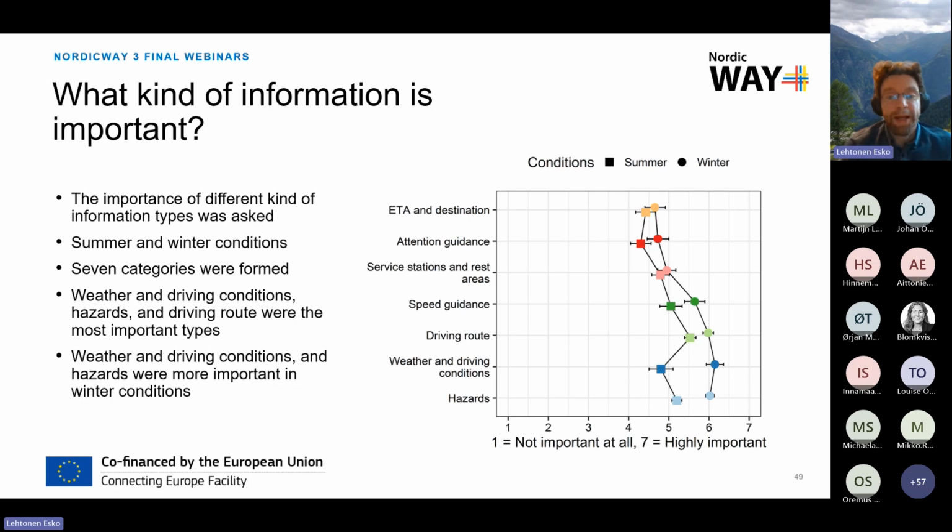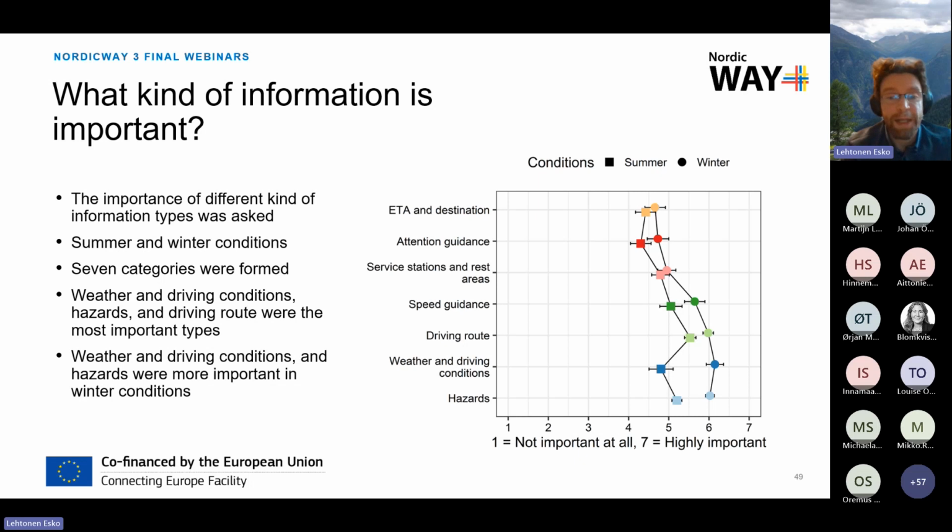Then it was speed guidance, for example, information about the current speed limit, driving route, that refers not only to the route guidance in the sense of navigation, but also information about the weight limits or maximum height of the truck. Then there was weather and driving condition information.